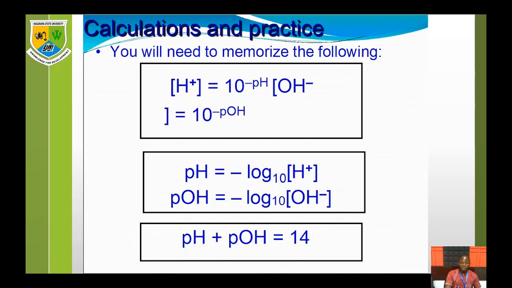Then hydroxy ion concentration equals 10 raised to the power minus pOH. Then again, pH equals the negative logarithm to base 10 of hydrogen ion concentration. Then pOH equals the negative logarithm to base 10 of hydroxy ion concentration. So in all, when we add the values of pH plus pOH, that will give us 14.